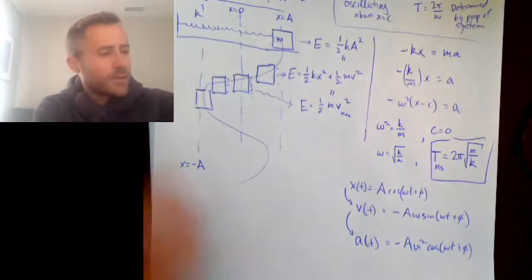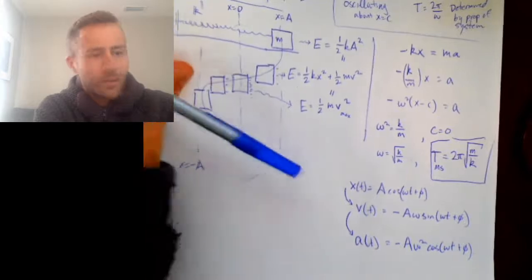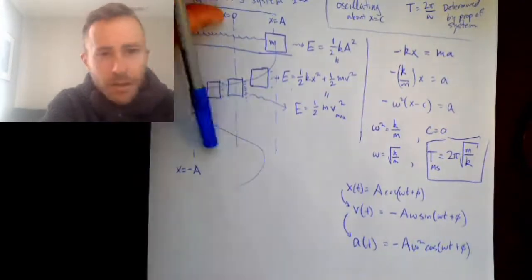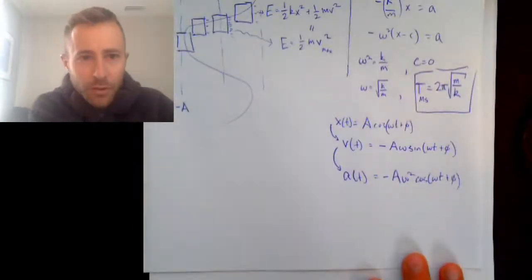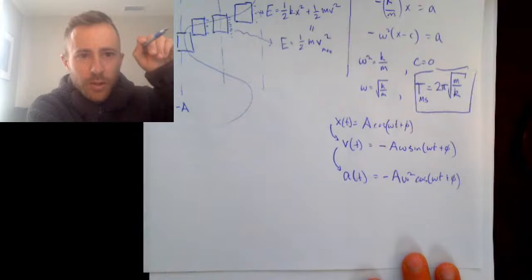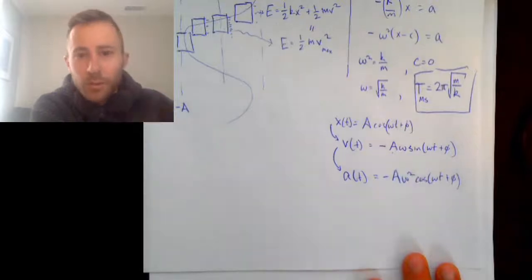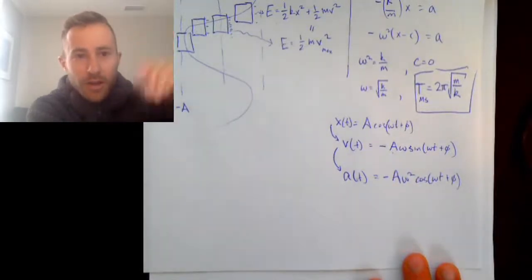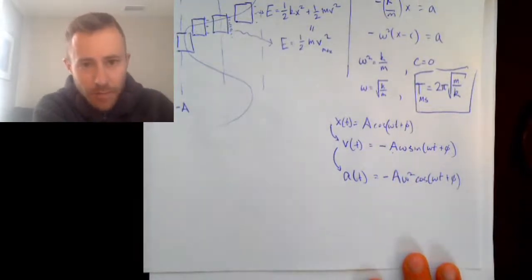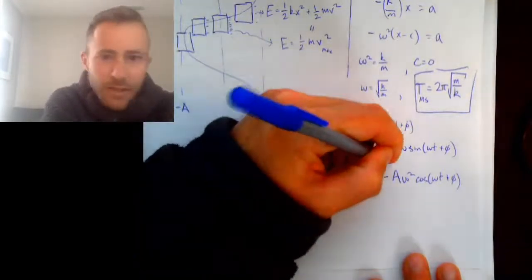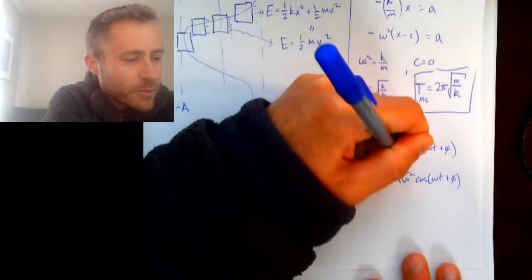Now, this actually gives us a lot of useful information. The reason is this. The sine function and the cosine function both wiggle between +1 and -1. So A omega times sine is going to wiggle between plus A omega and minus A omega. So we can use this to get the maximum speed.